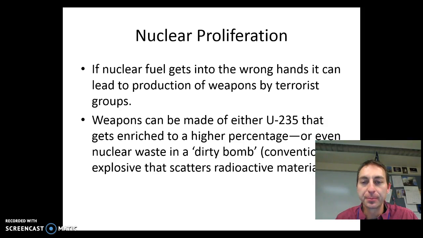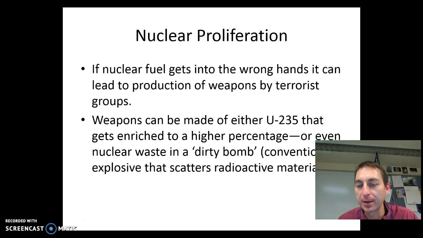For nuclear proliferation, the idea is when you have this nuclear waste, it can potentially be reprocessed into fissile material, and that could potentially be used to make a nuclear weapon. So one of the concerns about nuclear power is that you're generating this nuclear material which could be potentially used for weapons.